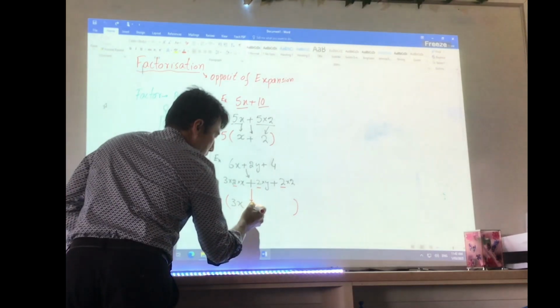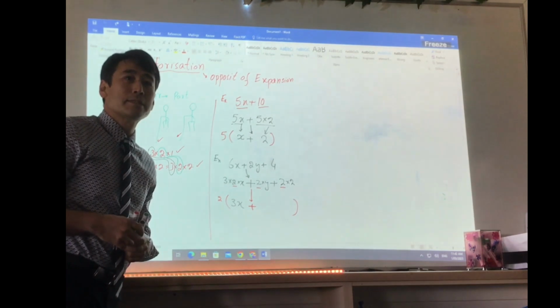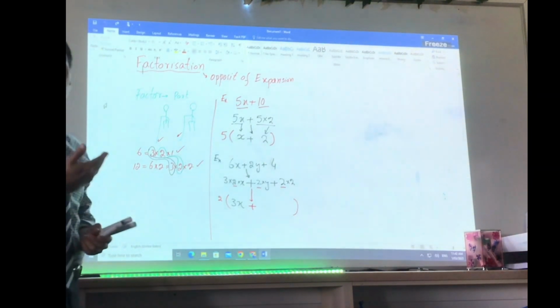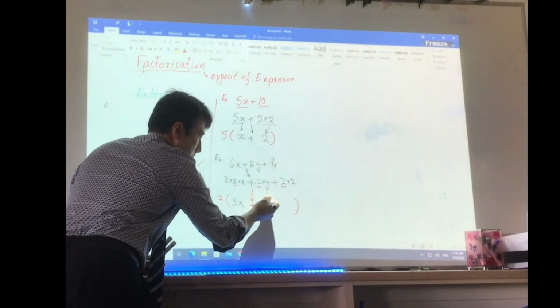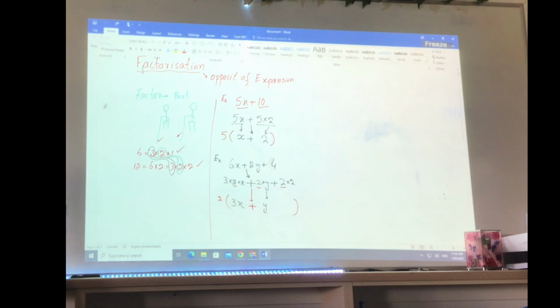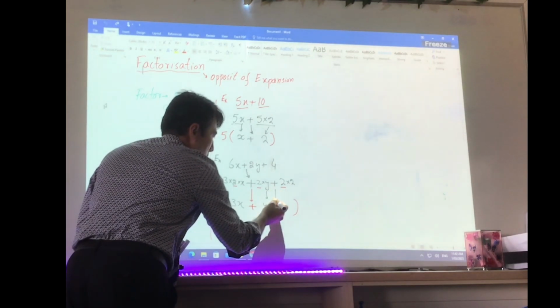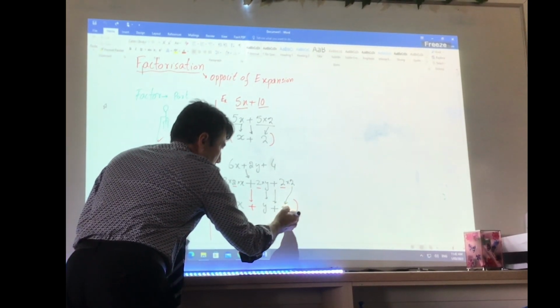Plus. What is left after plus? y. Plus y. 2 went outside. In the third term, what is left? 2. Here this plus stays as it is, and this 2 will come here.